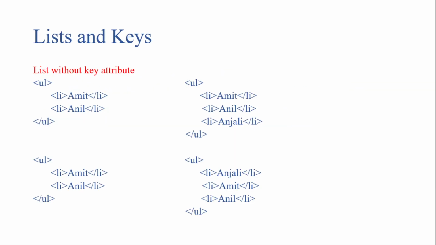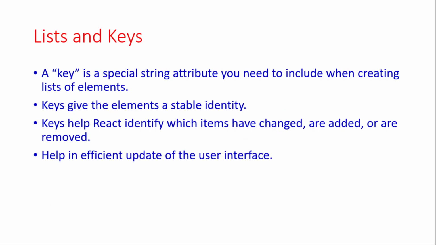As we have seen, if you want to change the items of the list, or add or remove items, keys help React identify which items have changed, which items are added, or which items are removed. Hence, keys help in efficient updates of the user interface.